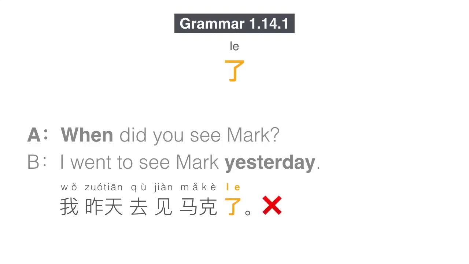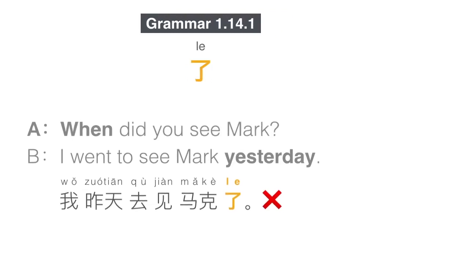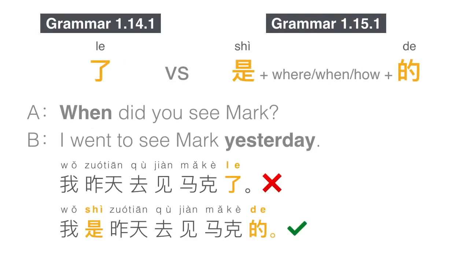Why? Because your answer is not what you did, but when you did it. Right? So because your emphasis is on yesterday, we need to say 我是昨天去见马克的. Because your answer is not what you did, but when you did it. If you need to emphasize where you did it, when you did it, how you did it, we must make use of the grammatical point we learned in HSK 1, 是...的.